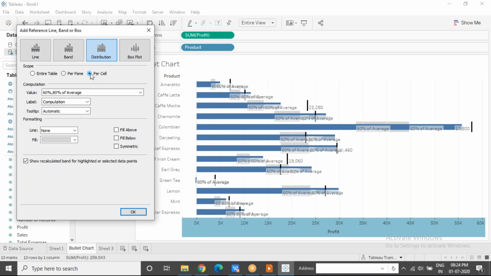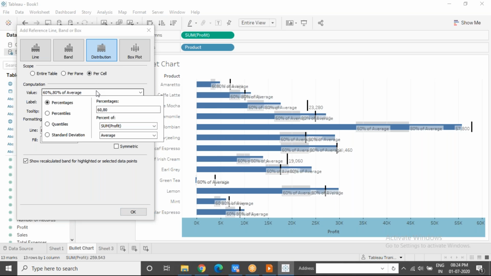A cell scoped reference distribution, indicating what? That is important. Indicating 60 and 80% of budget profit. Again, that is going to be a constant value. It does not matter what aggregation you use here.